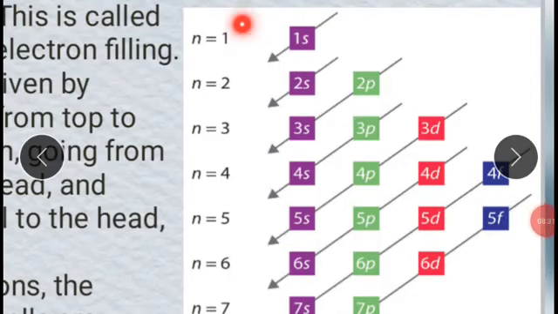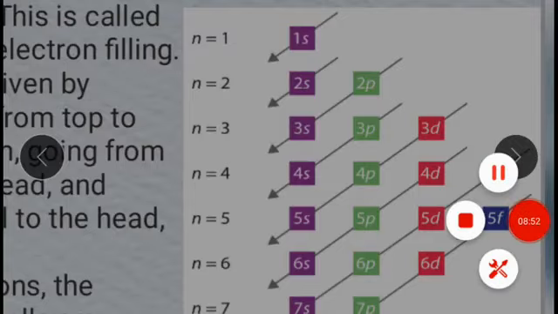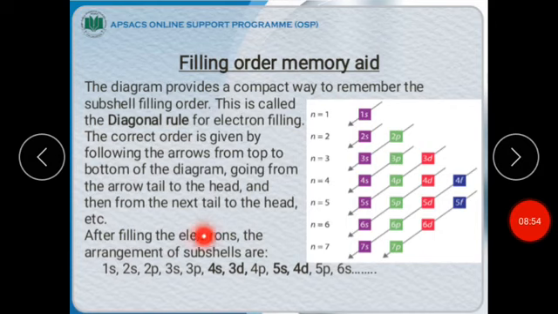N is the principal quantum number, 1 represents the number of the shell and 1s represents the subshell. Following from tail to head, then from the next tail to the head, and so on. After filling the electrons, the arrangement of subshells is 1s, 2s, 2p, 3s, 3p, 4s and so on.